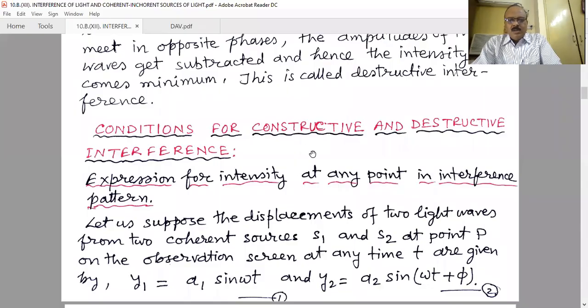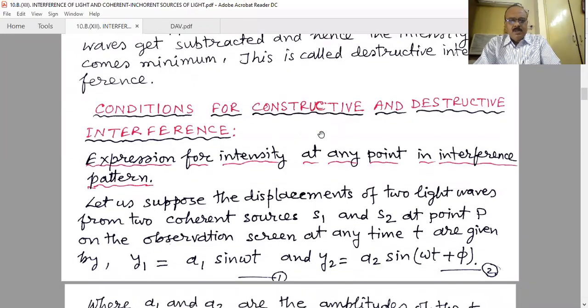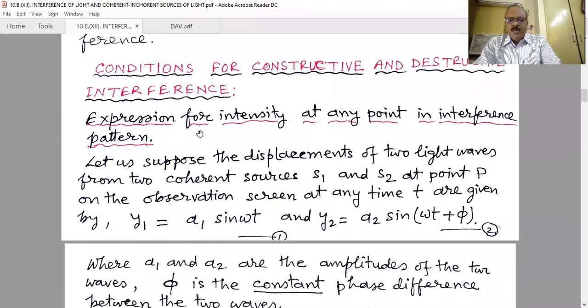Now, what are the required conditions for constructive and destructive interference? Expression for intensity at any point in the interference pattern. To find the conditions, first of all, we have to calculate the expression for the intensity of light at any point due to the superposition, or interference, of the two light waves.